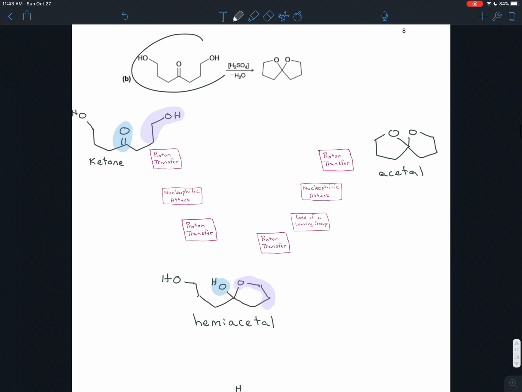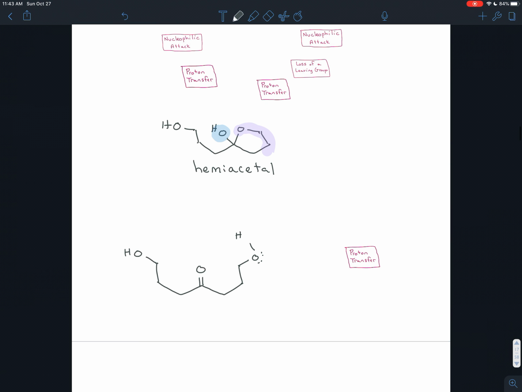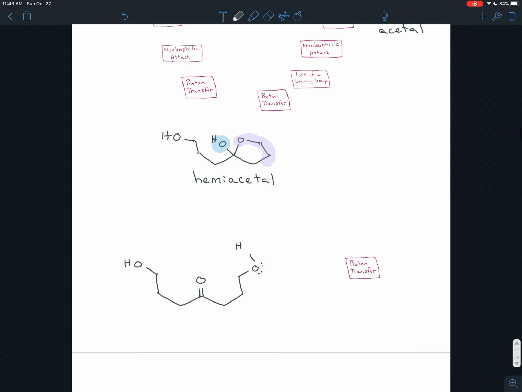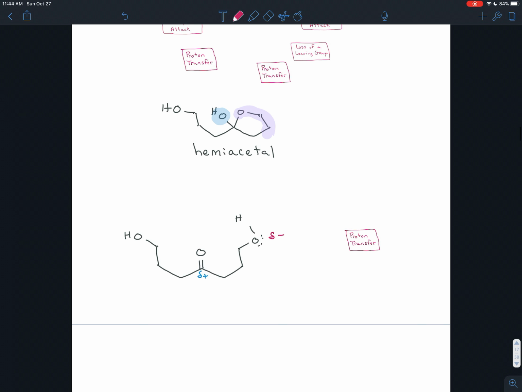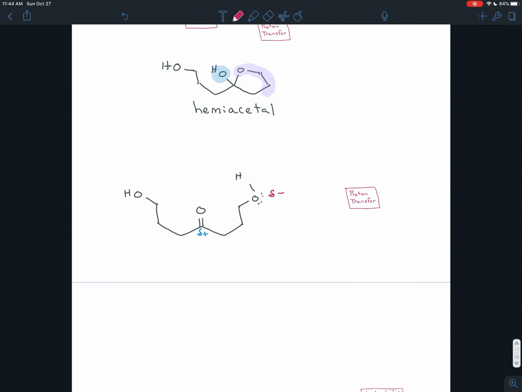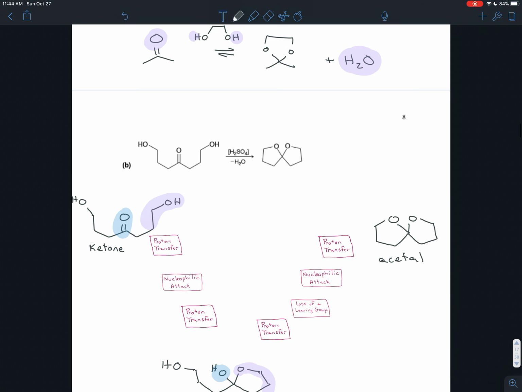So that's our starting material that they gave us. And we have a nucleophile built into the molecule. This oxygen is definitely slightly negative, and it would love to attack the electrophile in this molecule, but it's not the best nucleophile. This is just a slight negative charge, not a full one, and so to make the reaction happen more efficiently, we can turn our electrophile into a better electrophile by adding acid, doing a proton transfer.